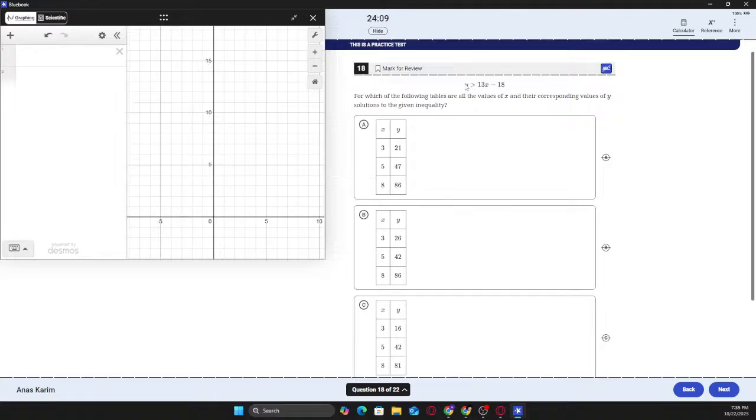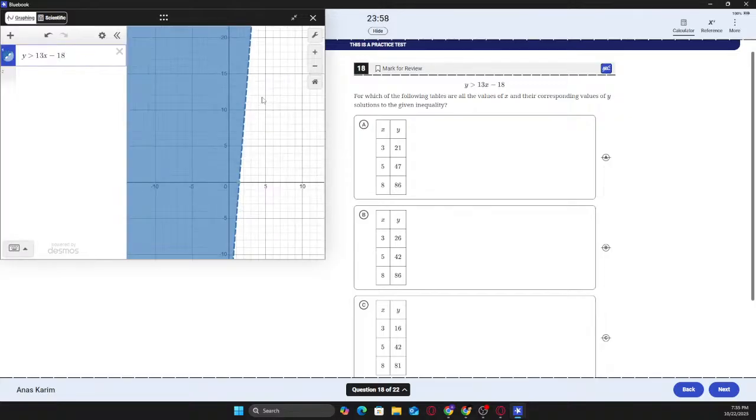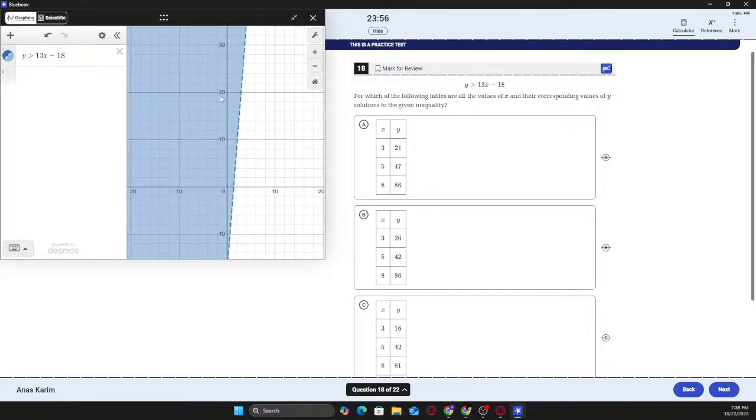So you have this. Okay, this is the case of greater than, so everything must be shaded below. So 13x minus 18 is actually greater than, so it has to be shaded above.